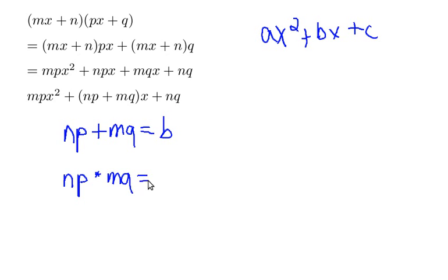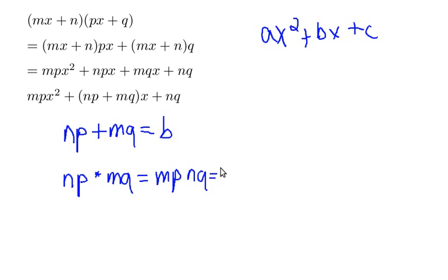Well, remember that whenever you're multiplying four things together like this, you can just rearrange them in any order you want to. So let's say that this is mp nq. I just put the n over here, the m at the front, the q at the end. I just rearranged it. It's the same letters, just rearranged.